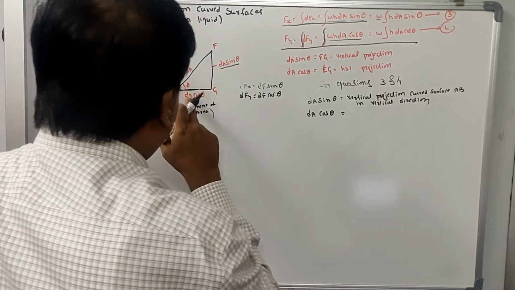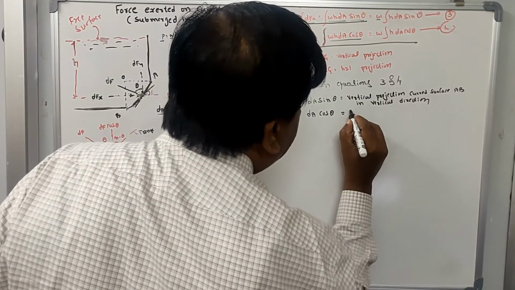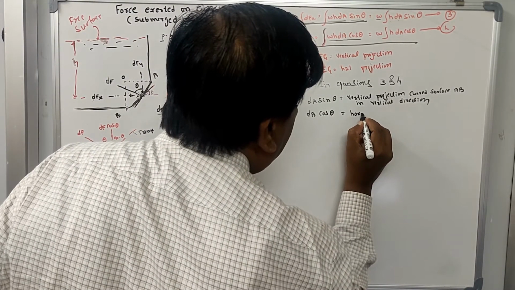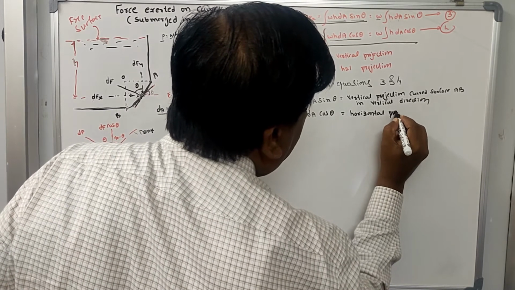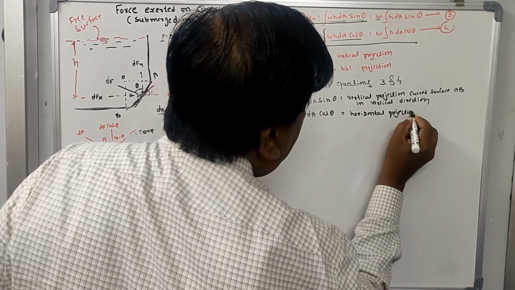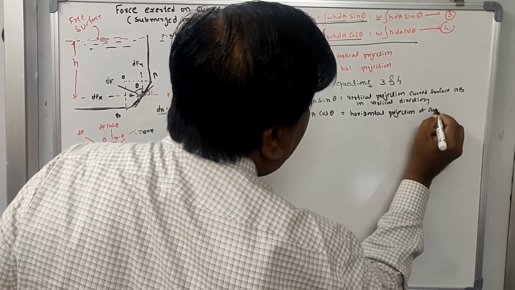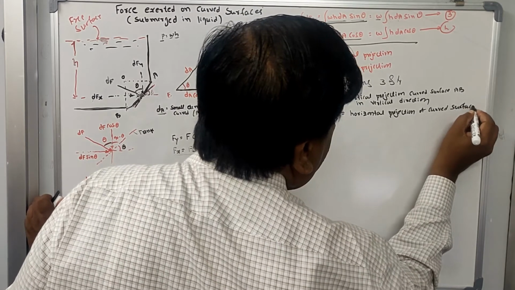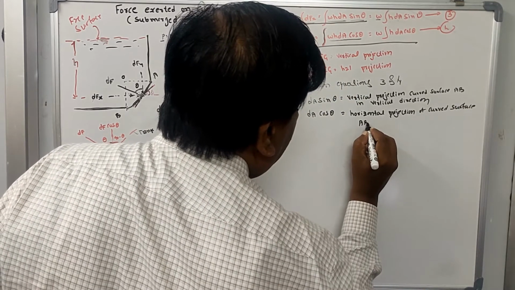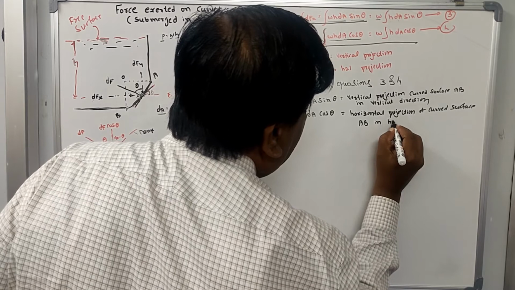And dA cos theta represents the horizontal projection of the curved surface AB in the horizontal direction.